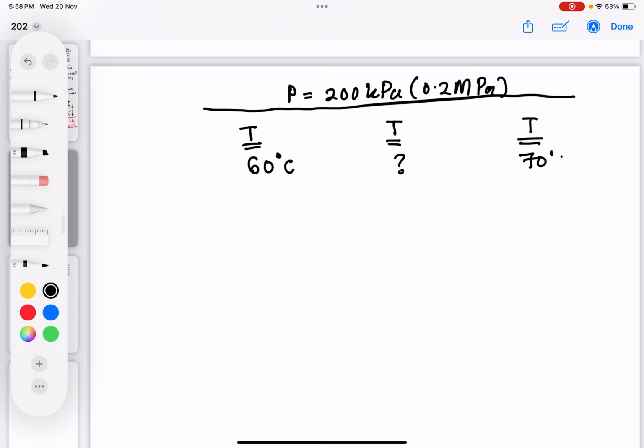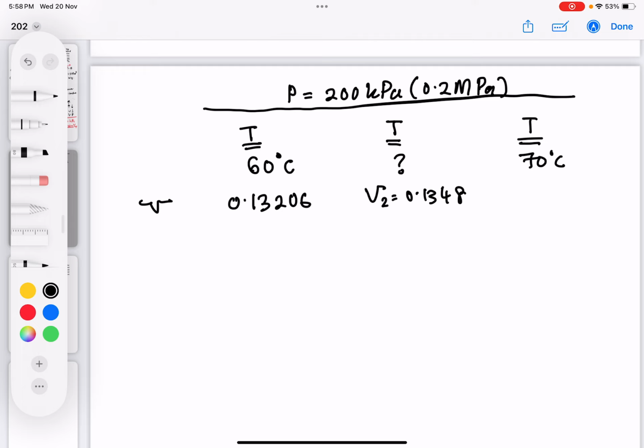70 degrees Celsius. And then from the table, I should note that for the temperature of 60 degrees Celsius, my specific volume was actually equal to 0.13206. And then for the unknown temperature, which I want, the specific volume was actually V2, which is equal to 0.1348.